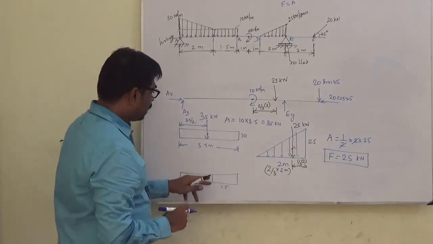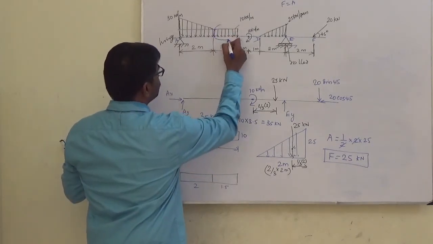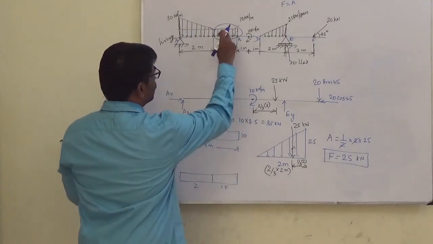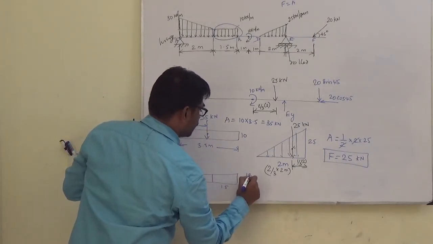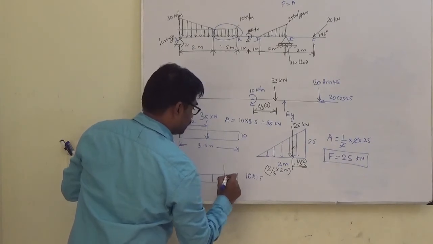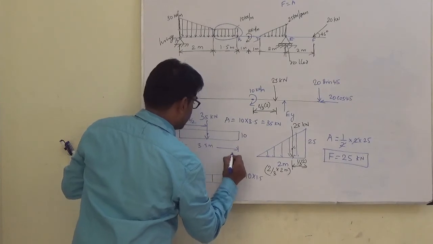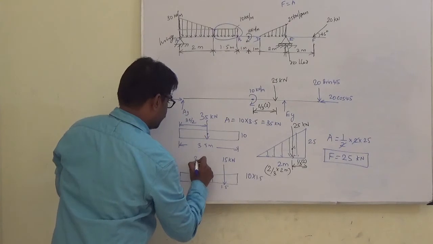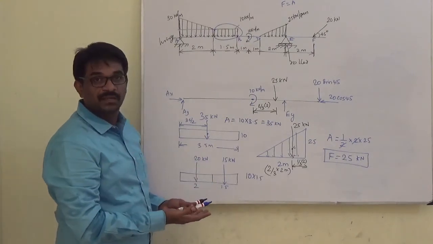Right? Otherwise, if you don't want to do that, you can first find the concentrated force for this. Then the area is 10 into 1.5. So that will be 15 kilonewton, and here also 20 kilonewton. This way also you can solve.